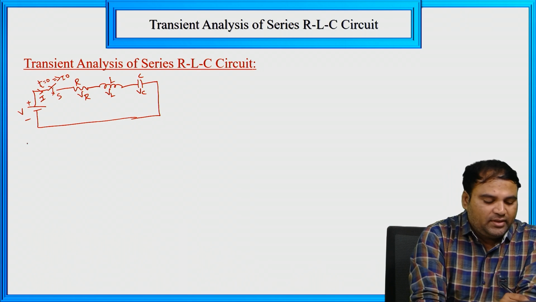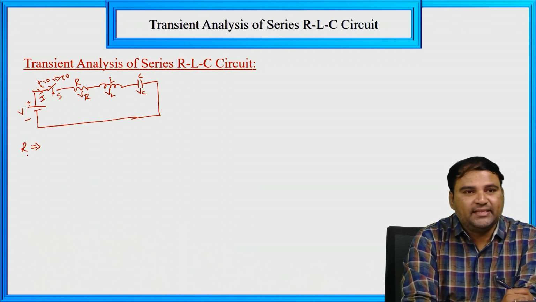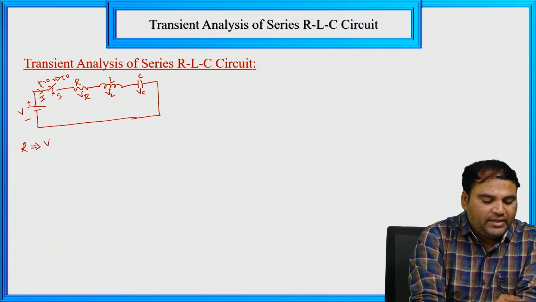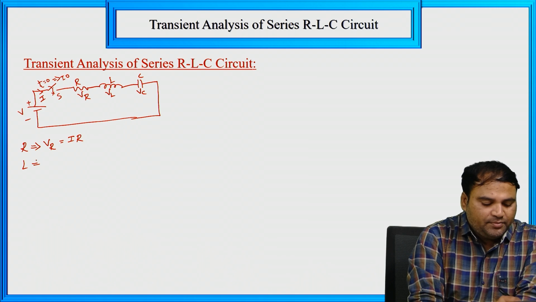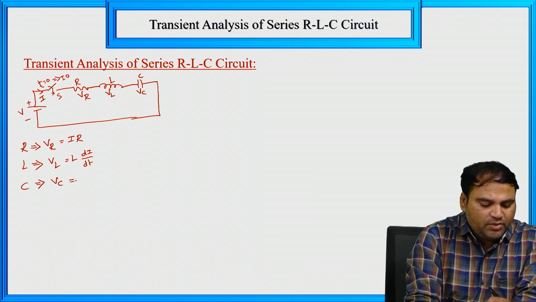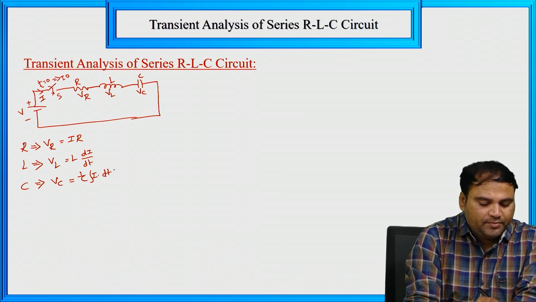Now write the voltage equations of the given elements. At resistor R, voltage drop VR equal to I into R. At inductor L, VL equal to L into di by dt. At capacitor, VC equal to 1 by C into integral of I dt.